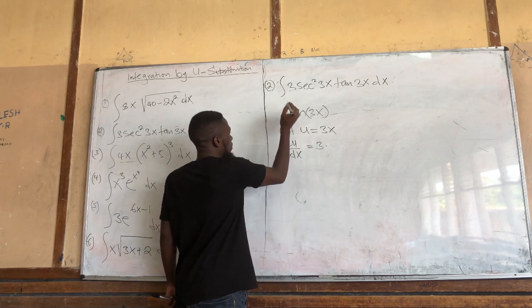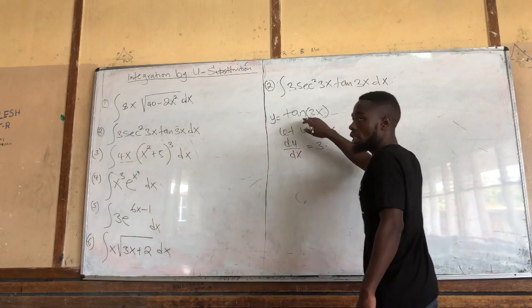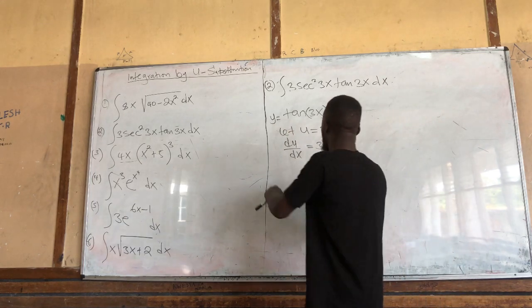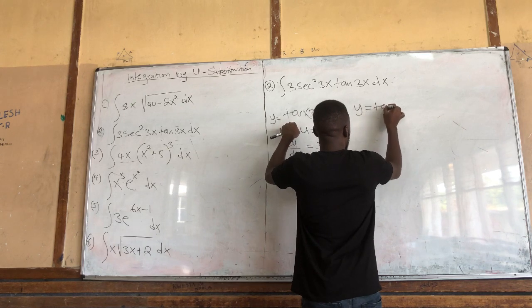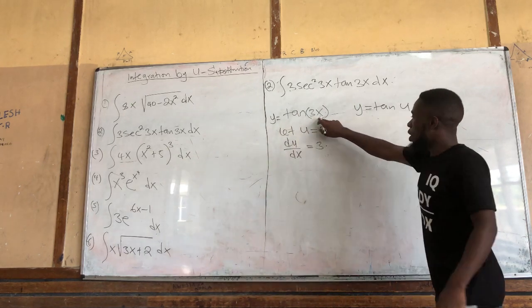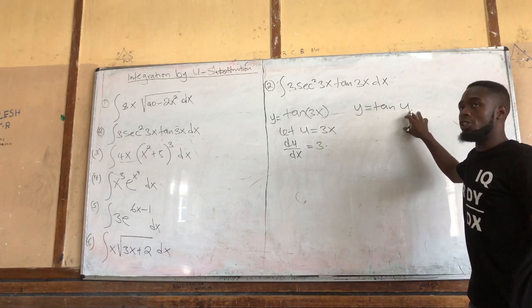Okay? So let me say y is equal to tan 3x now. Meaning here y will be equal to tan u, because this 3x is now u.